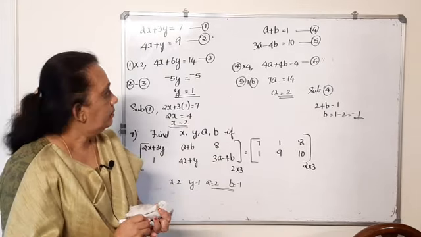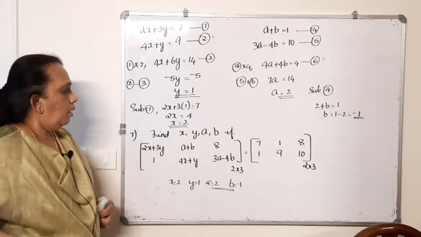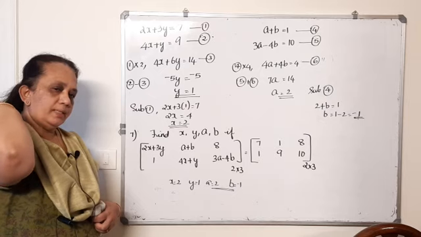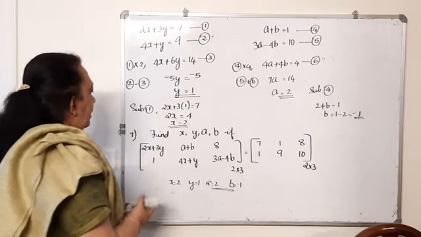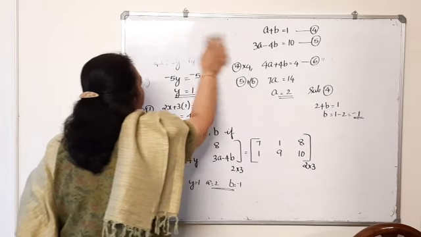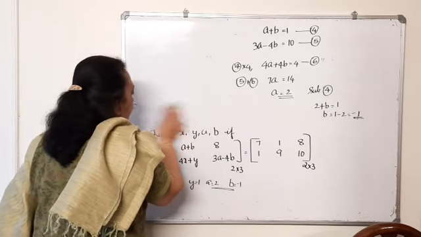Clear? All these questions come from the concept that the two matrices are equal. You are finding the values of the variables or the elements of the matrices.